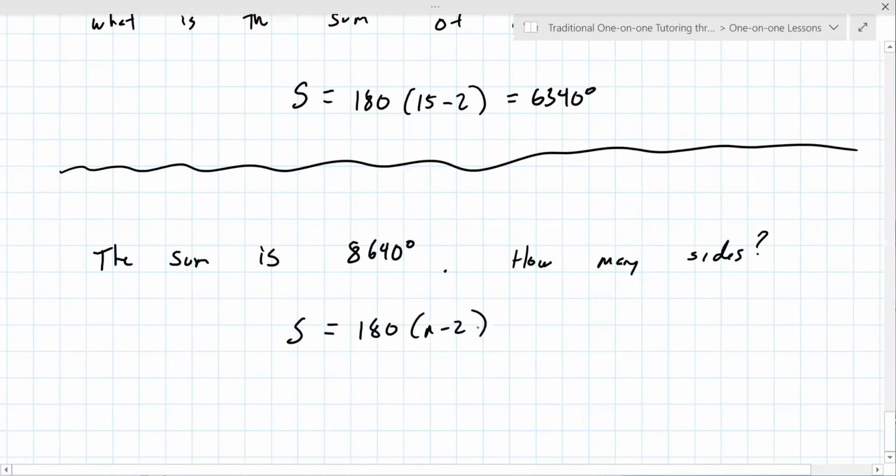Am I giving you the sum or am I giving you n? The sum. So this letter S is 8,640 equals 180 times n minus 2.